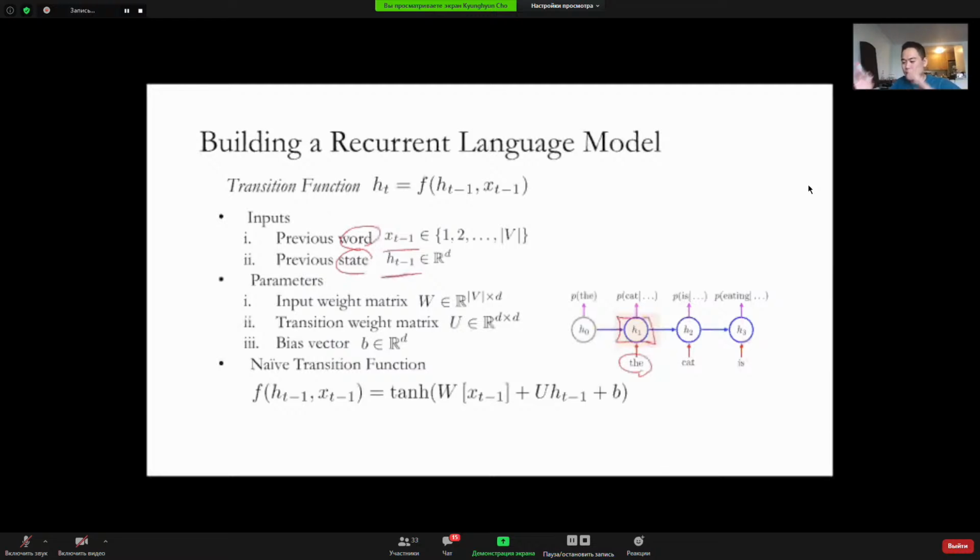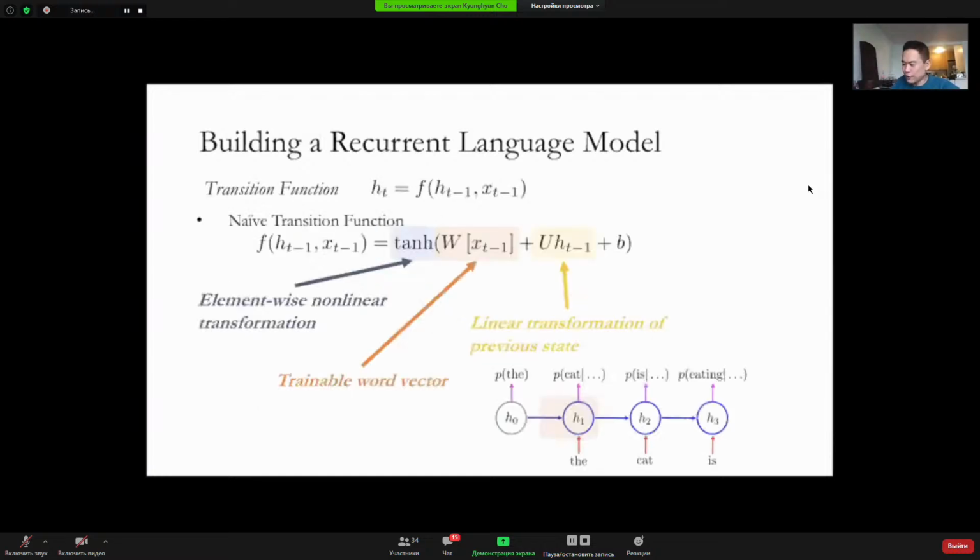It has parameters like the input weight matrix, the transition matrix, and a bias. Often we study this naive transition function, where the naivety comes from the fact that we simply concatenate x_{t-1} and h_{t-1}, apply a linear transformation by multiplying with a matrix that is a concatenation of W and U, add some bias, and apply an element-wise nonlinear function. Let's say we're going to use this naive transition function for now.